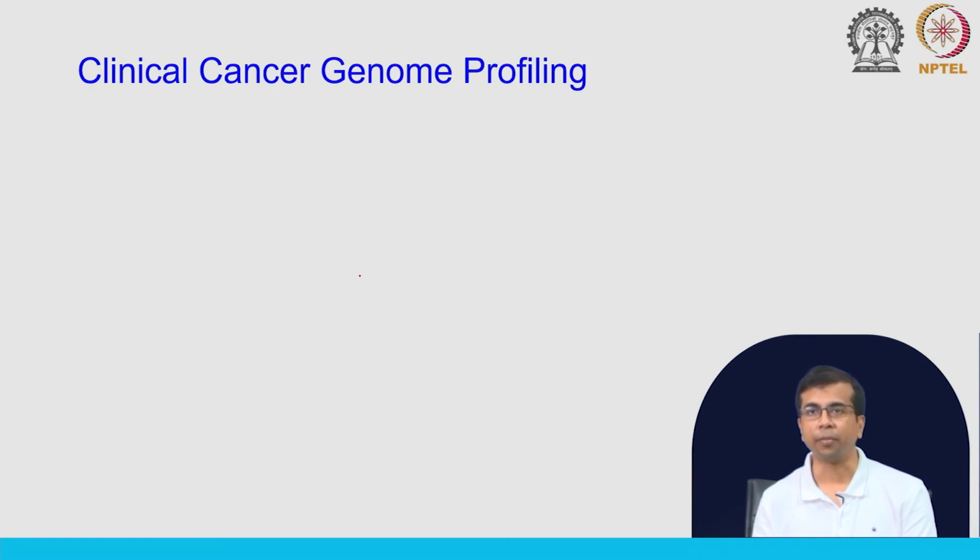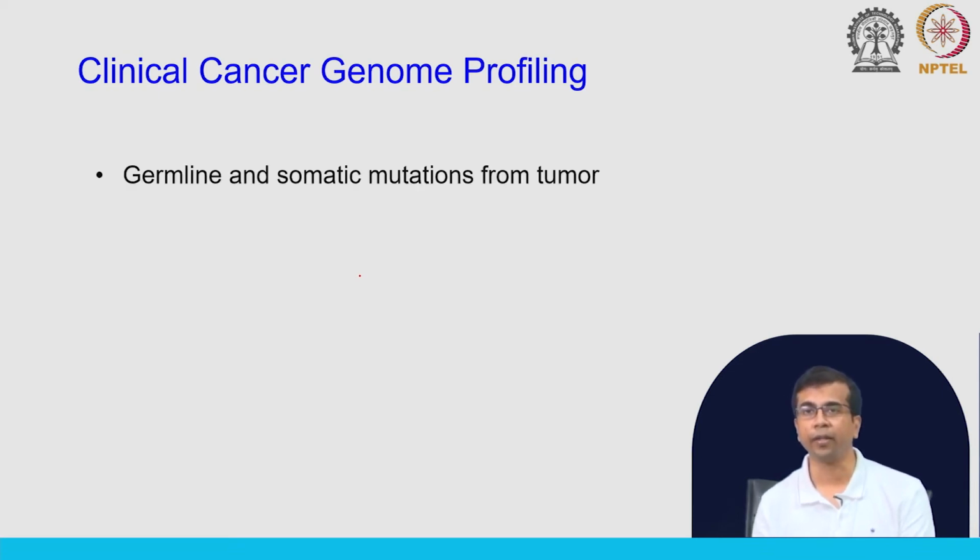One of the first applications is clinical cancer genome profiling. What do we mean by cancer genome profiling? As I have discussed, in tumors you have a lot of mutations accumulated, so there is a lot of genetic variance present.